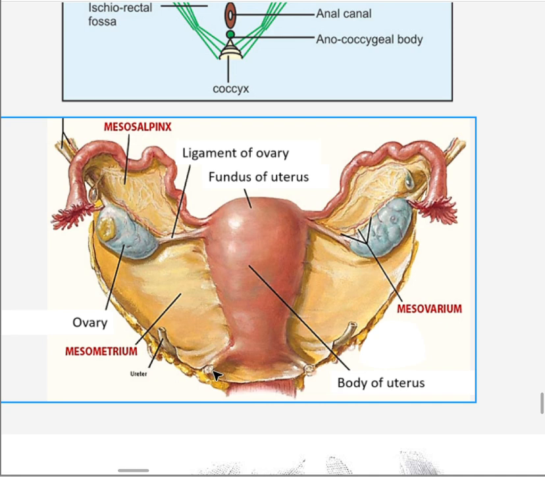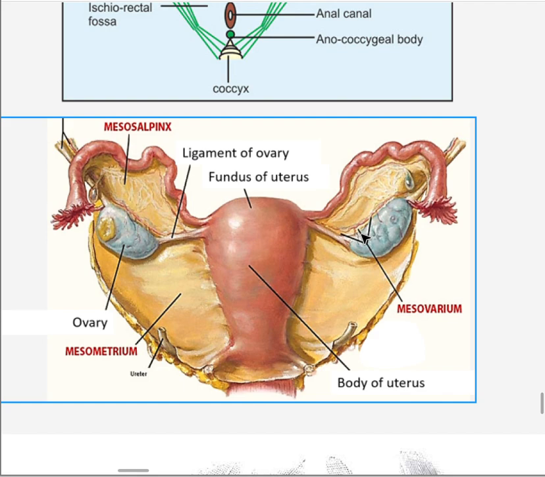The ovary is attached to the posterior layer of the broad ligament by a short mesentery, which we call the mesovarium, through which the ovarian vessels and nerves enter the hilum.